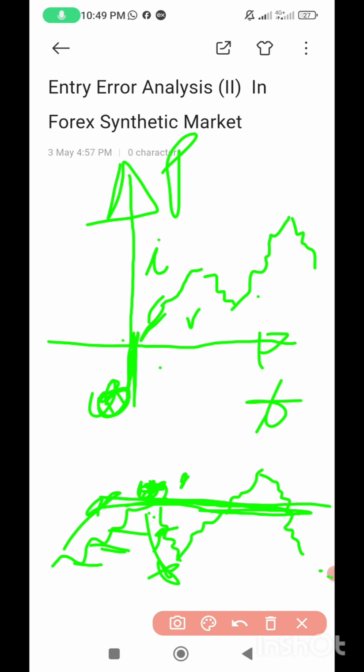Unless you are a stopless trader, like you don't use stop loss, and in that case, one of two things is going to happen. Either you are exposing all your equity to risk, or you have an infinite equity that no matter how the market goes, is going to fall in your favor. But in reality, most traders are broke. Most traders don't have enough capital.